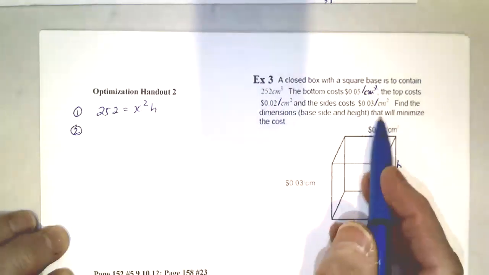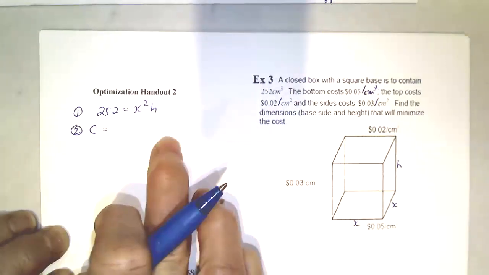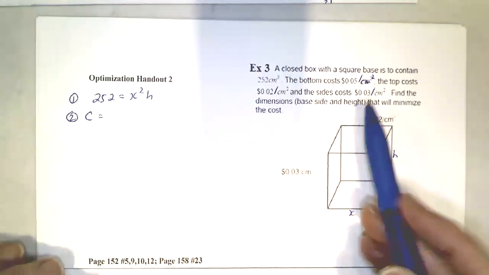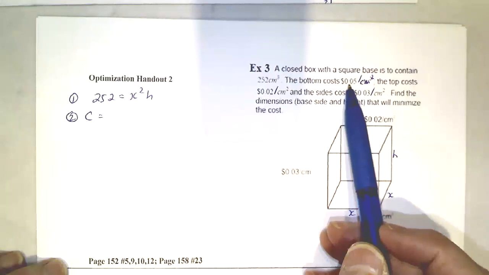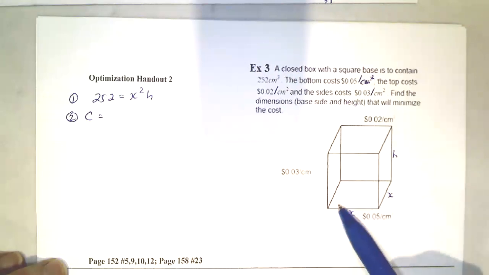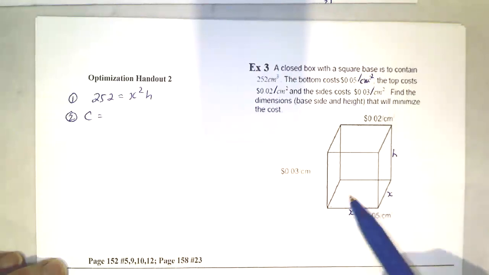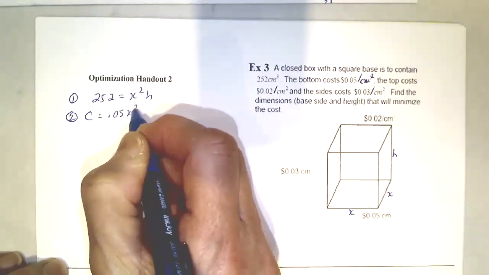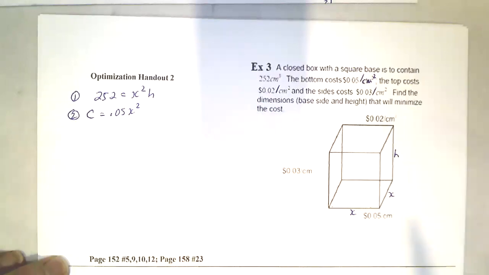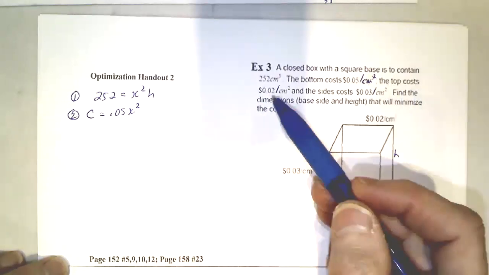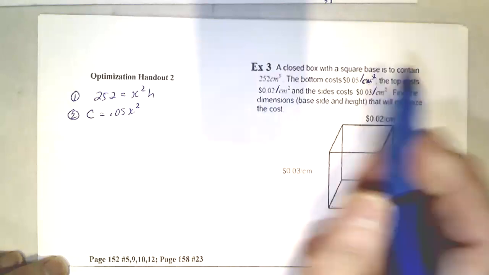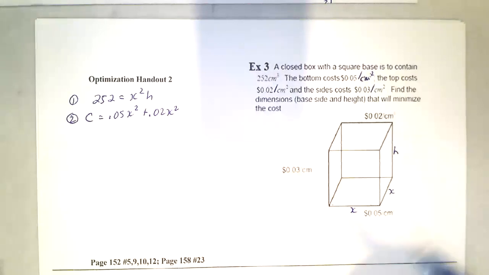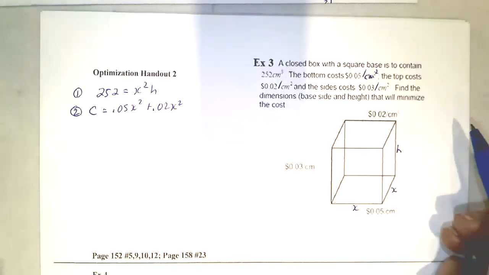I'm trying to minimize cost, so what I'm going to do is calculate the total cost of building this box with these dimensions. It says that the bottom costs 5 cents per square centimeter, and the area of the bottom is x squared. So it's 0.05 times x squared. Then it says the top costs 2 cents a square centimeter, and the area of the top is also x squared because the bottom and the top are both the same size.